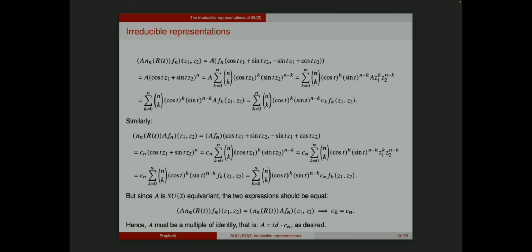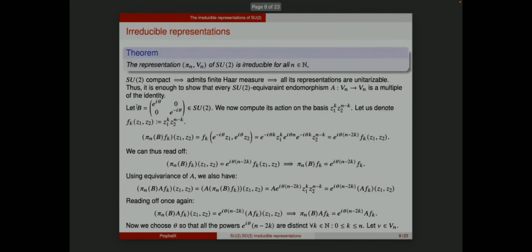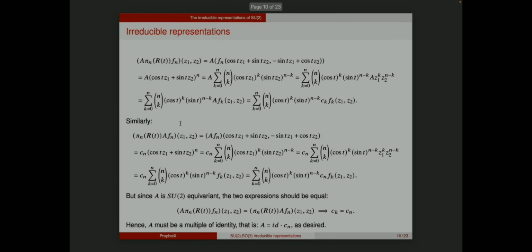This is just the action of the representation. In the second line, I use the form of fn, which is the basis defined here, right? So basically, I will get that this is to the power of n times this to the power of n minus n, which is 1. Therefore, I get only the first term. And now I use Newton's binomial theorem.